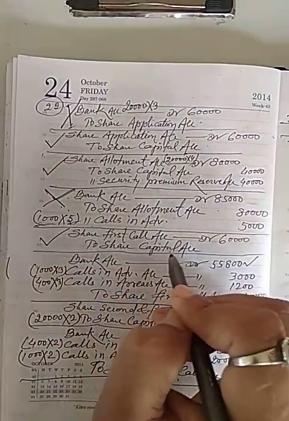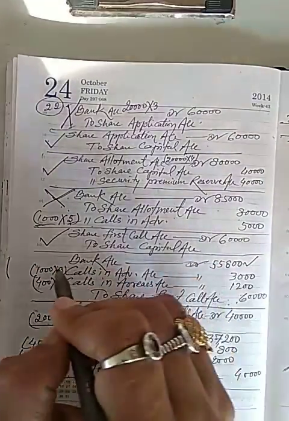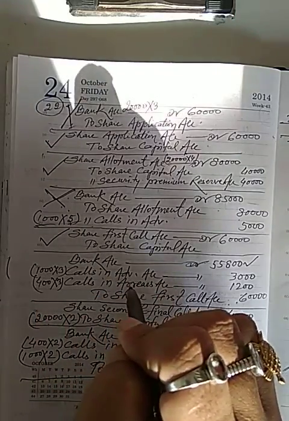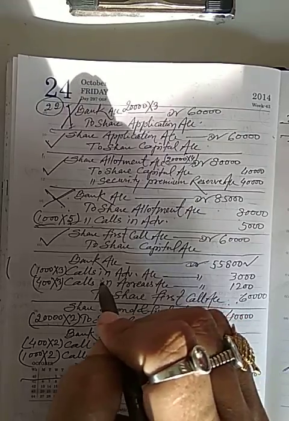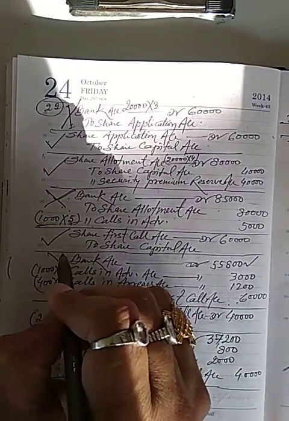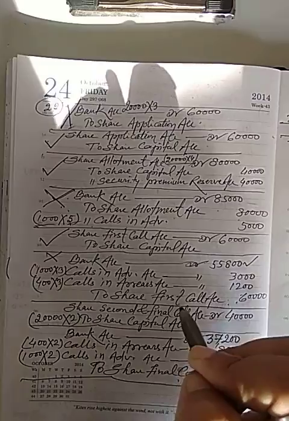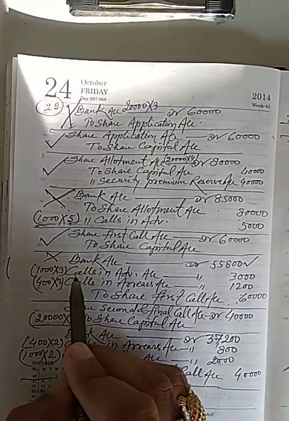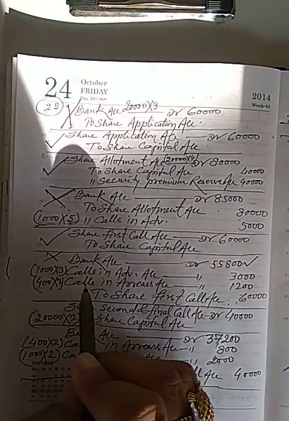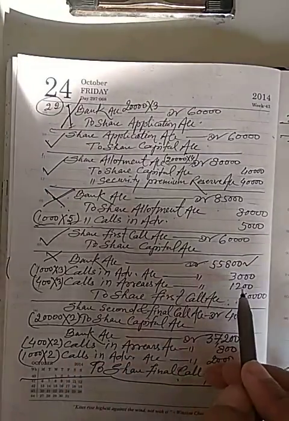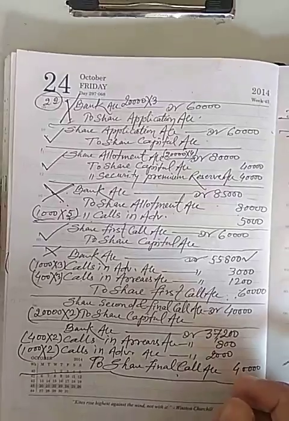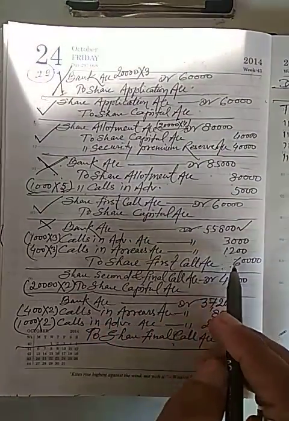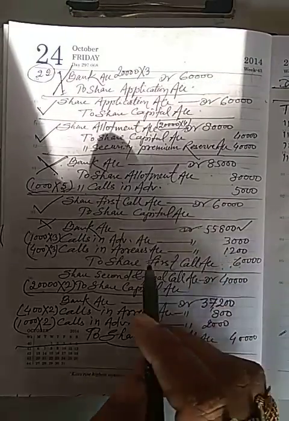Fifth journal entry is not related to bank account. And in the sixth journal entry also bank account is involved, so I will not record it, but you can record only calls in advance 3,000 debit, calls in arrears 1,200 debit, to share first and final call account 4,200.